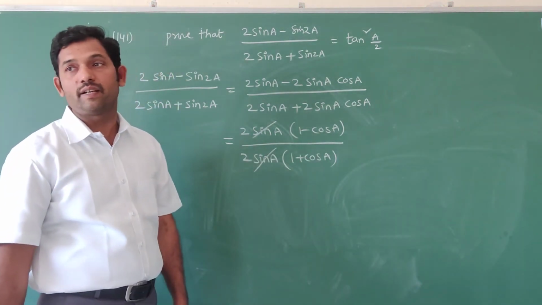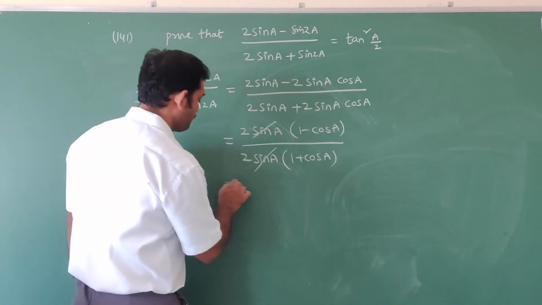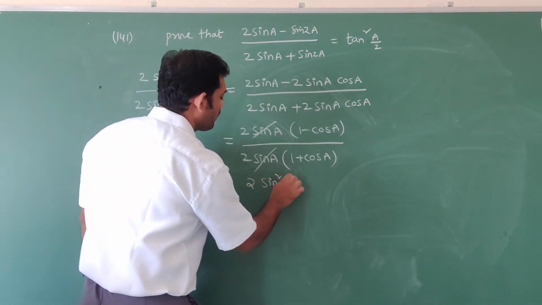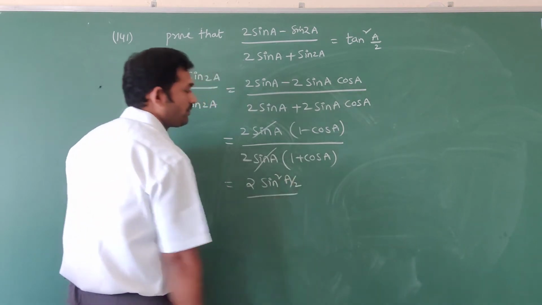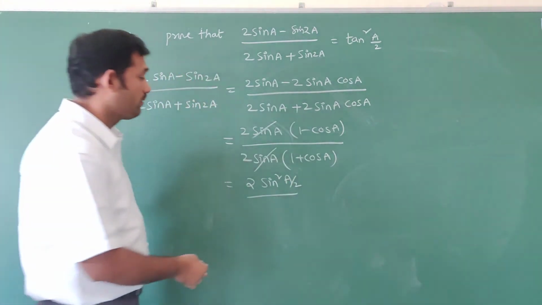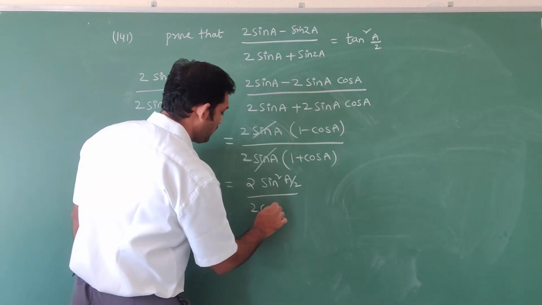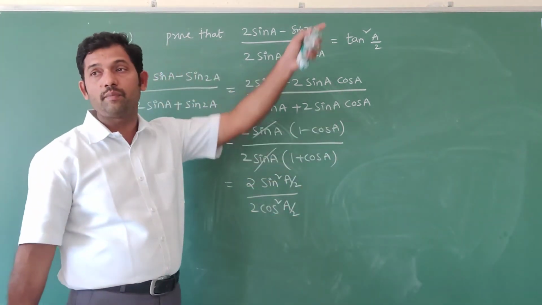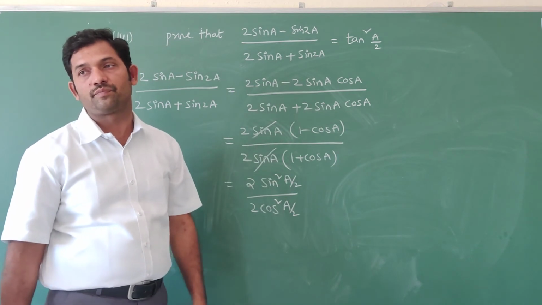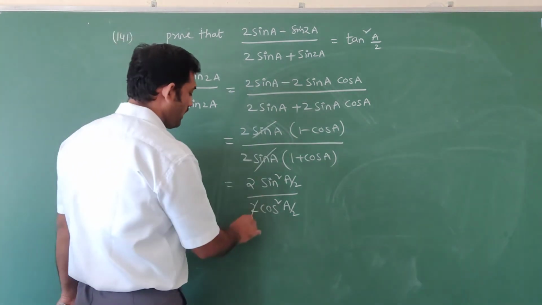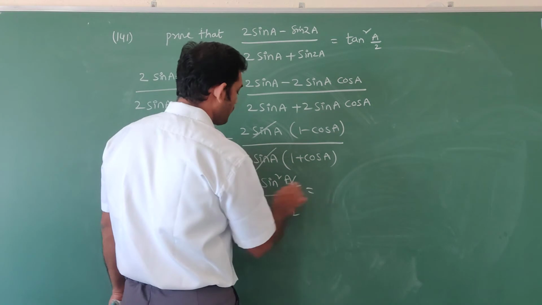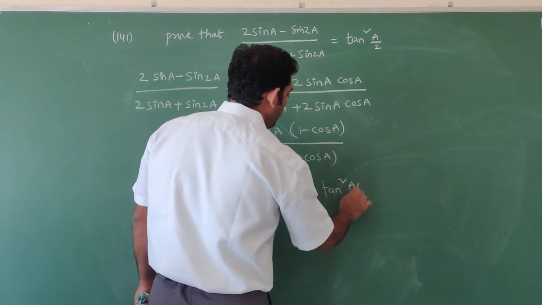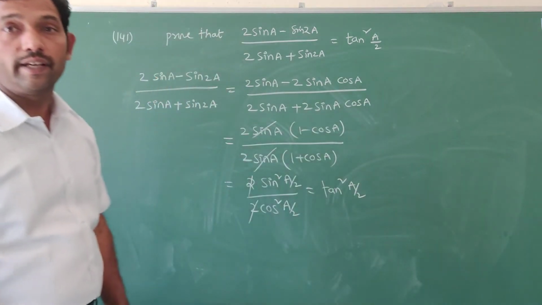1 minus cos theta formula is what? 2 sin square A by 2. 1 plus cos A means what? 2 cos square A by 2. These two formulas were taken from the cos 2 theta formula. So 2 gets cancelled. Remaining sin by cos means tan square A by 2.